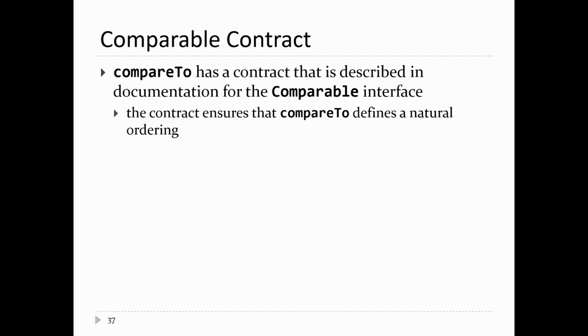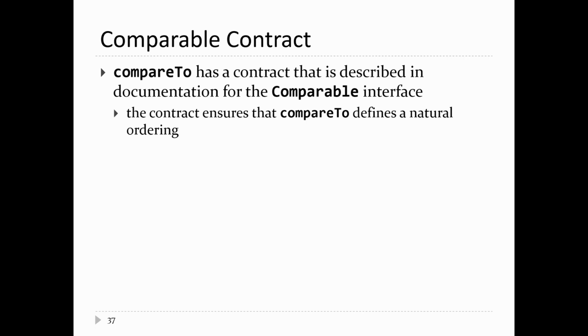In other words, it spells out what it means for something to have a natural ordering. It's not that important to go into all the nitty-gritty details of that definition right now. But what you need to know is that when you implement comparable for a class, it's supposed to be the case where every unique object of your class has a certain order.